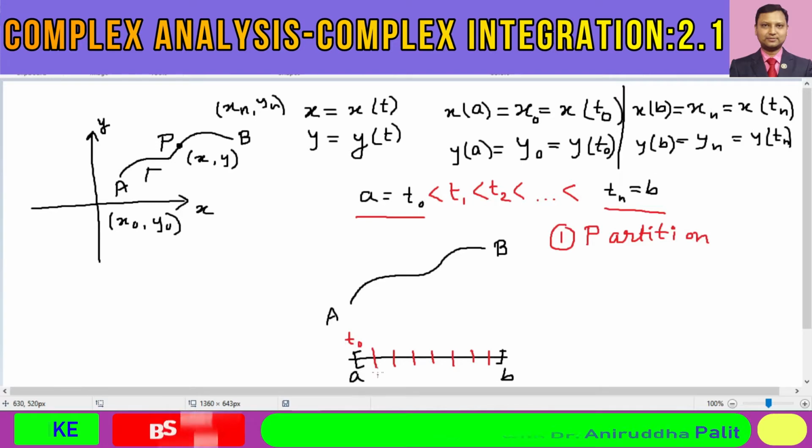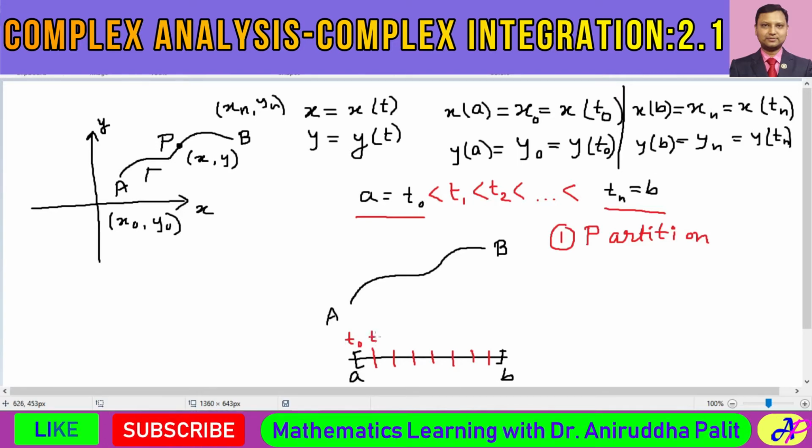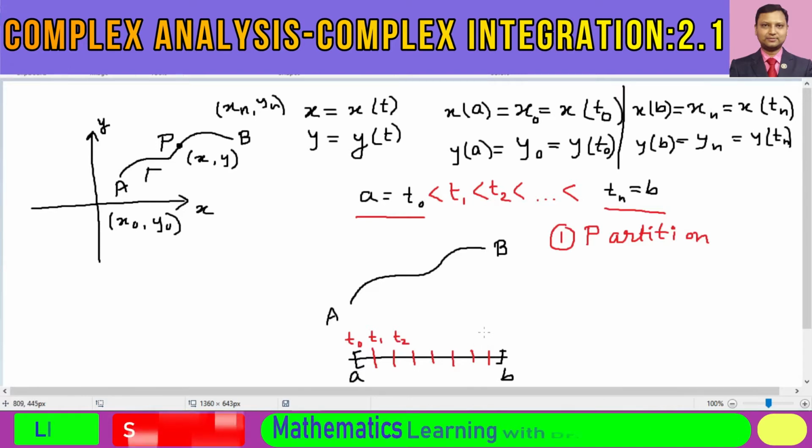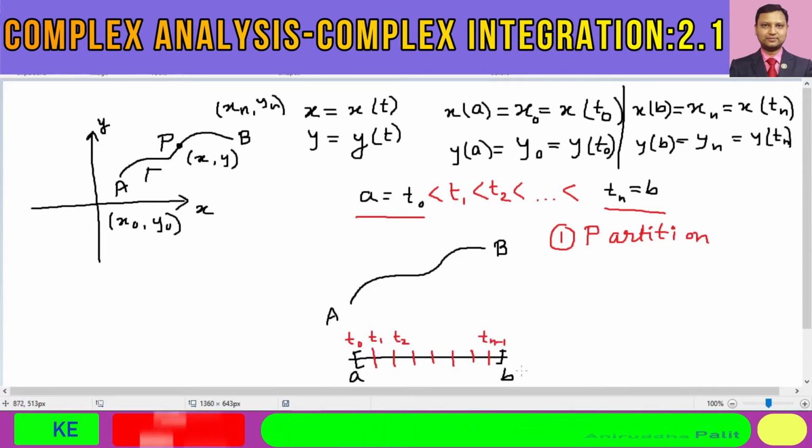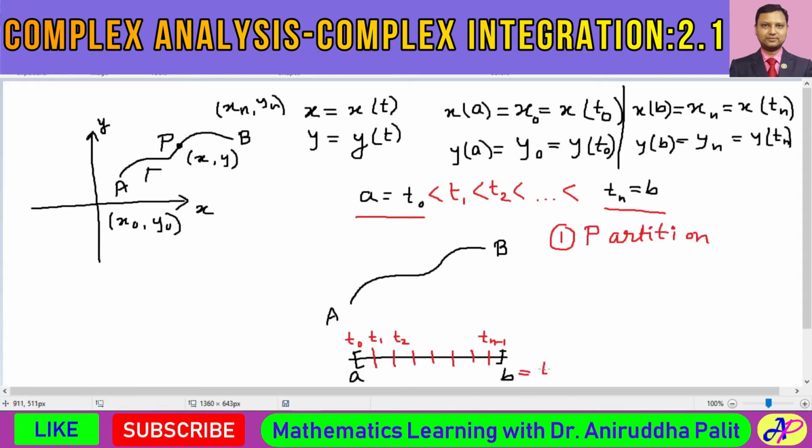The first initial point is t0, then the next point is t1, then t2, and so on. This is t_(n minus 1), and the last point b is equal to t_n.